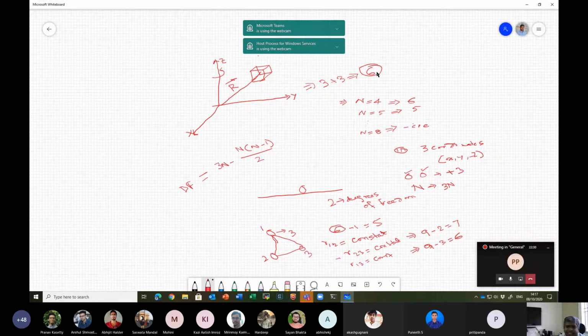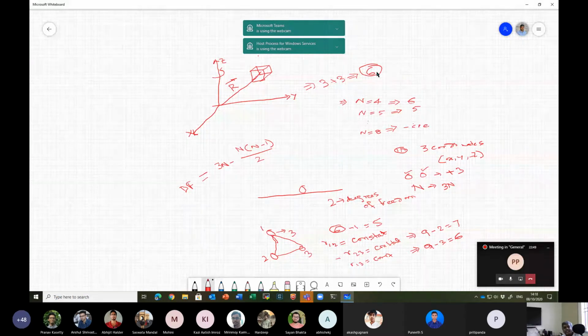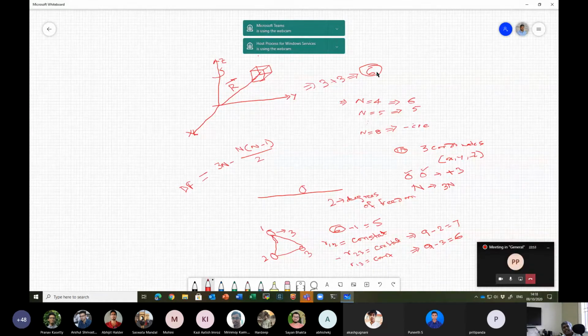So what we understand till now is that if you have a system of a certain number of particles, you can describe the system by a certain number of coordinates, and if you subtract the constraints from that, you get the degrees of freedom, right? So that is what we understand here.